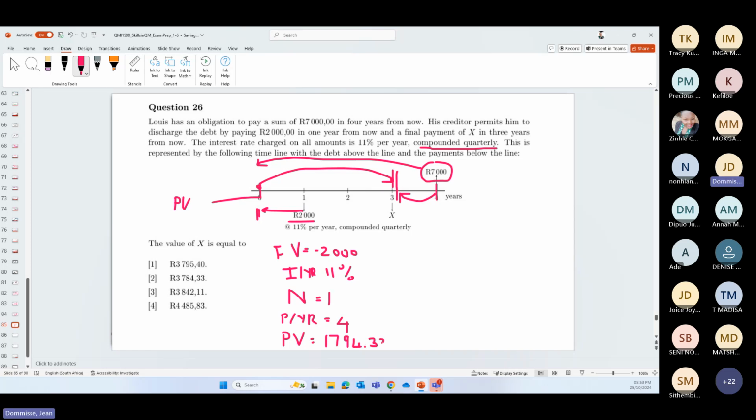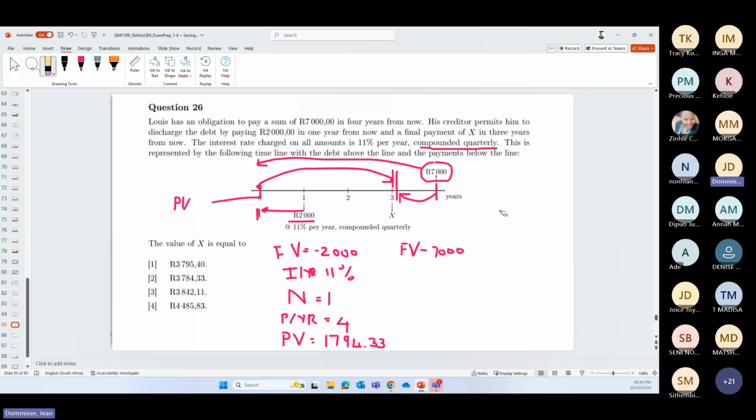So let's quickly see. Okay, so I get 1794.33 for this. Let's move this 7,000 backwards. So again, the future value will change, so let's do it next to this. The future value is minus 7,000.